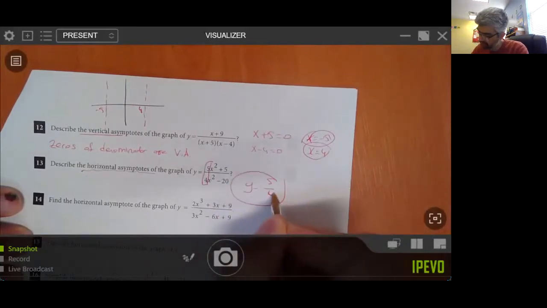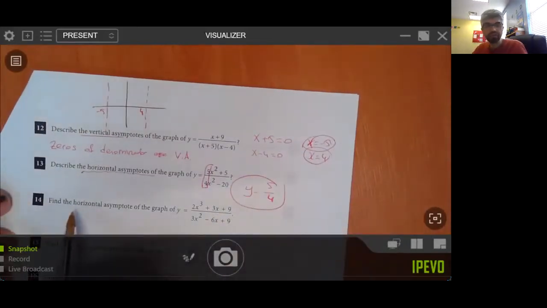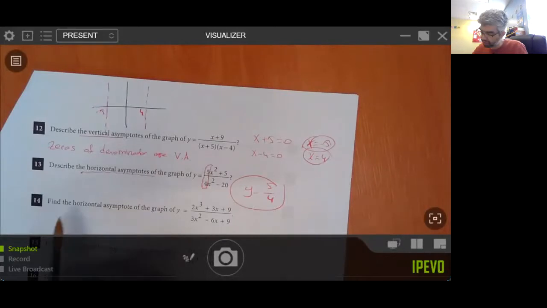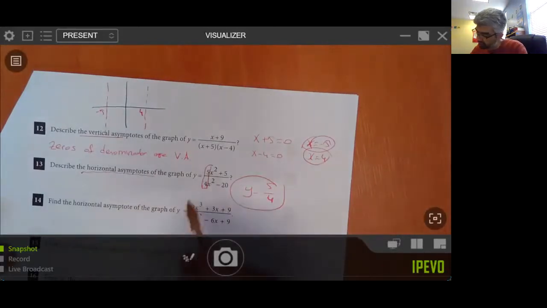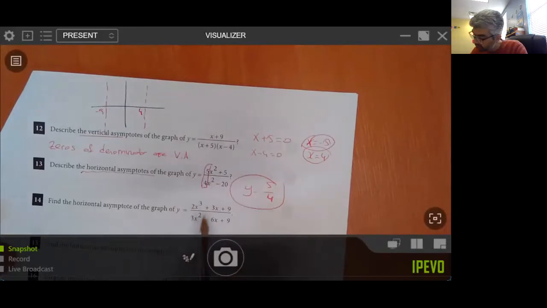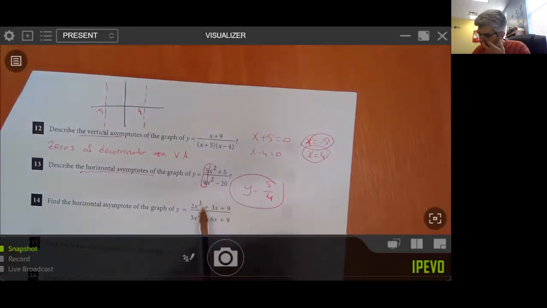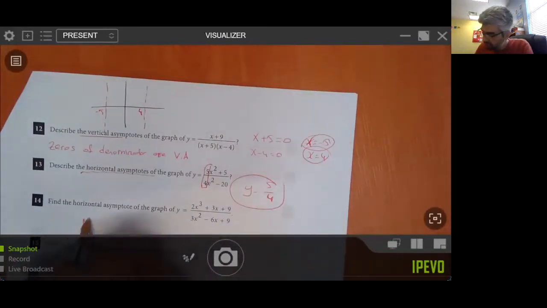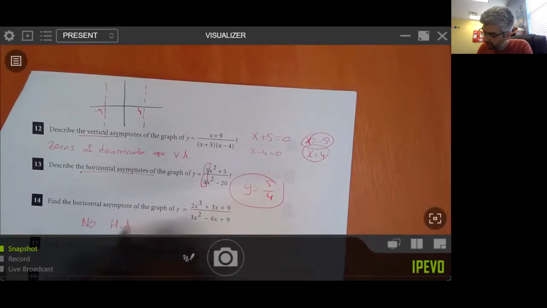Number 14, remember, we check the degrees, not the coefficients, the degrees of the leading terms in numerator and denominator. Here, square and square, so we take the coefficients. Here, it's cube and square. In this case, if the numerator's degree is bigger, we say no horizontal asymptote.